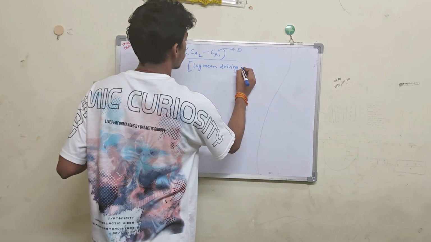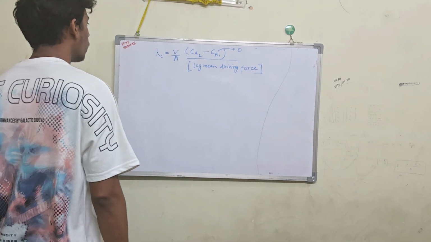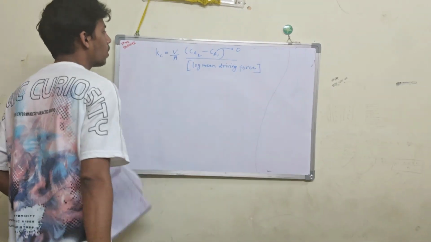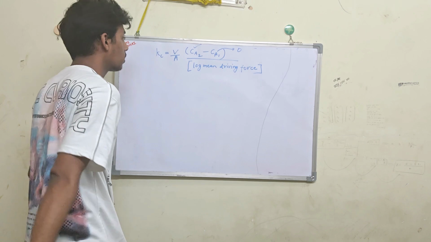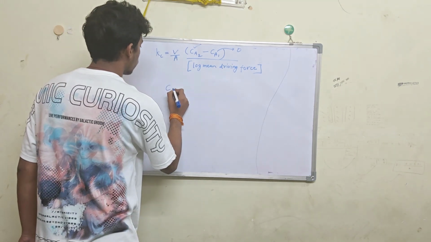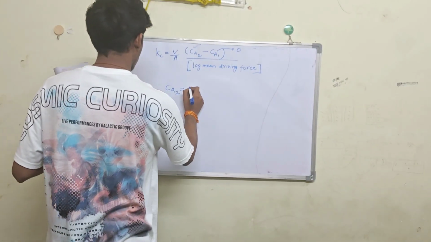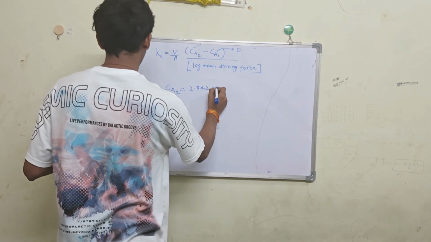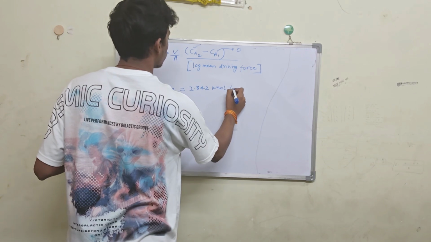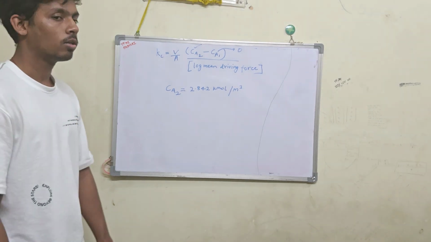I hope you may have found that value of the log mean driving force. And Kc we have already calculated, so we can calculate the exit tower concentration. So I'm directly writing the answer so that you can match. 2.842 kilomole per meter cube. This is the exit concentration that you should get.